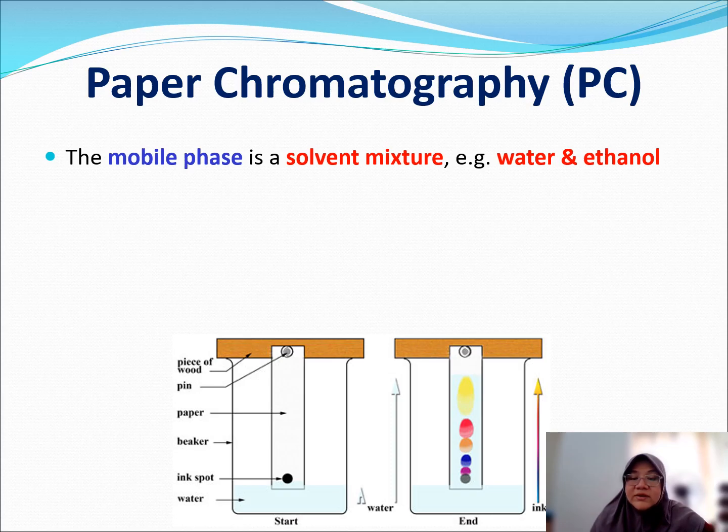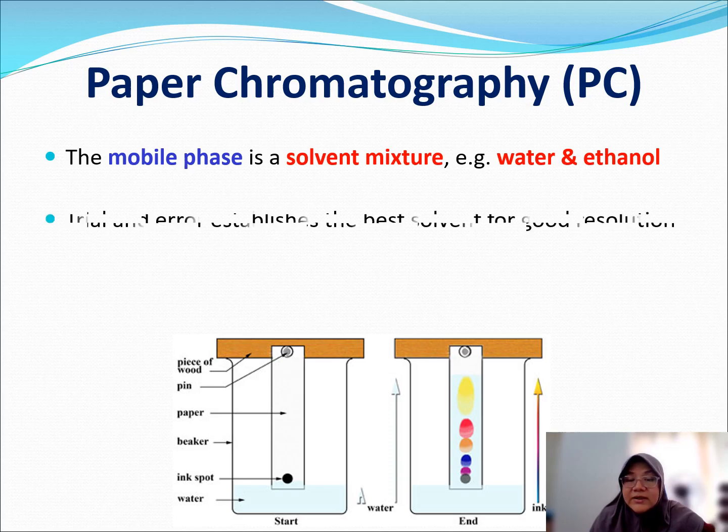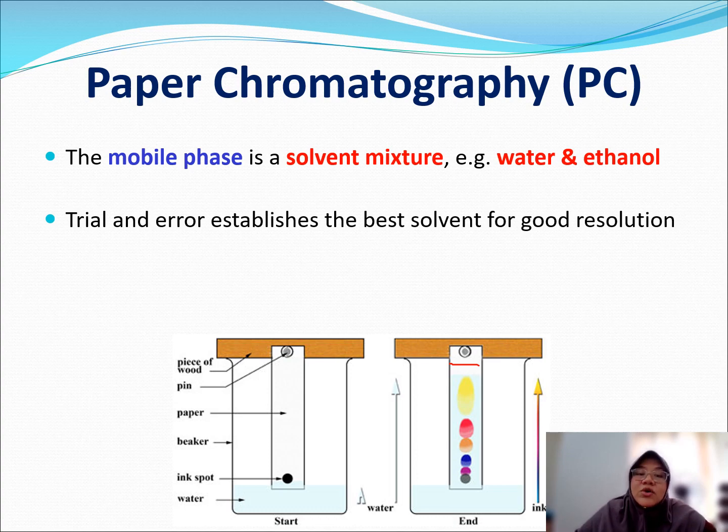So after some time the mobile phase will move, okay, along this paper sampai dah dia reach one target yang you nak, okay. So then you have to lift up lah the paper. So paper chromatography is usually trial and error to get the best solvent for good resolution, you can try what is the best solvent to separate your extract, okay.